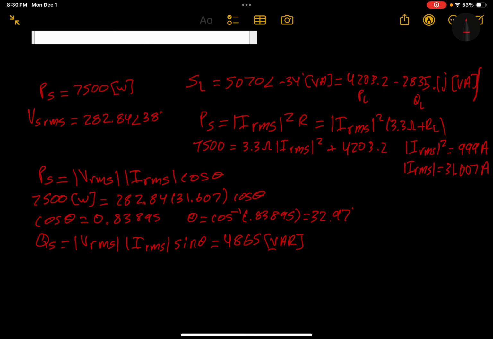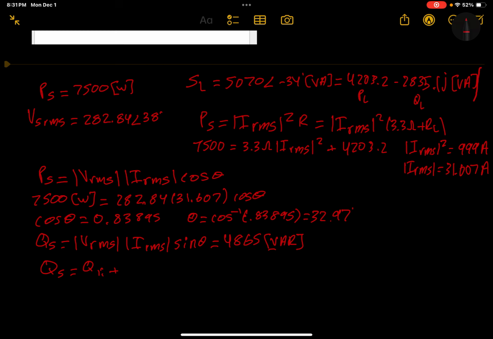And so now we have QS and QL, and then we can now solve for the reactive power of the line. And so we have this equation, which gives us the reactive power of the source.